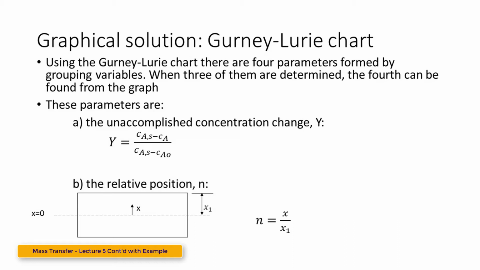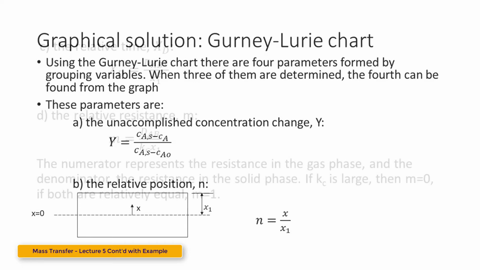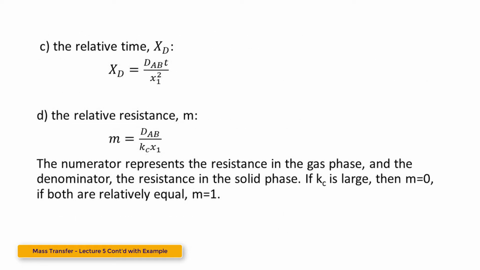So if you have a slab of a certain thickness, in this case 5, then X1 is half of it, because we are starting from the center. So that would be, in this case, 2.5. And another parameter is the relative time. Okay, these are all dimensionless values. Then Xt is equal to DAB times t over X1 squared, where X1, once again, to remind you, is 2.5.